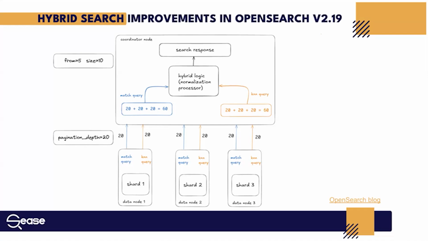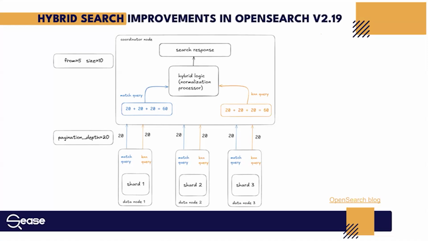Then from and size control those 100 results. It says, from the fifth one, get only 10 results, and then you slide that up until you reach the 100th one.